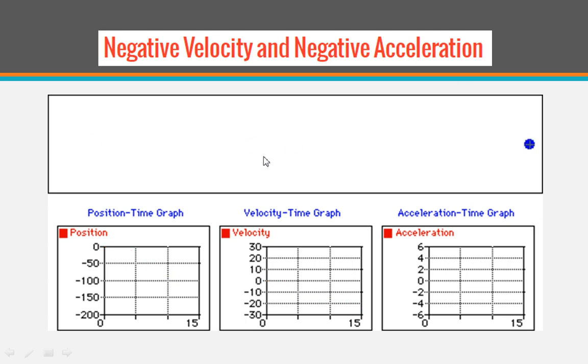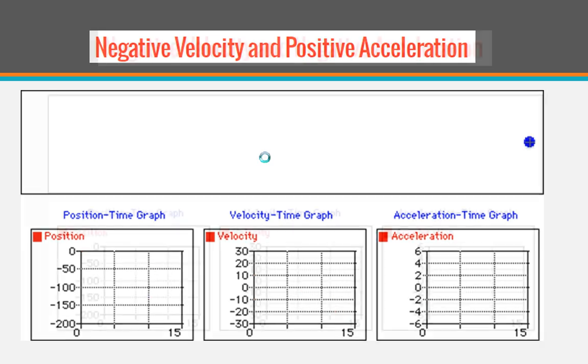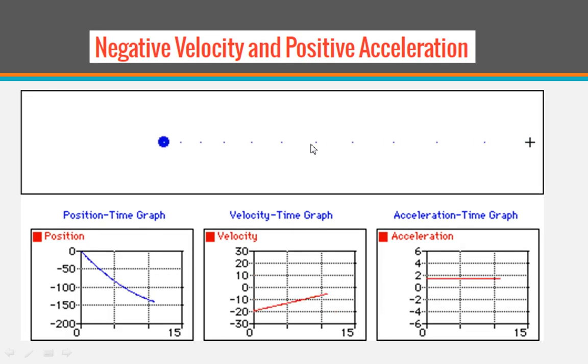Can I go to the next one? Okay, this is the last one. So here, negative velocity but positive acceleration. So you're traveling left but accelerating right. And if you look at these slopes, steep, less steep, less steep, less steep. So you're becoming less steep.